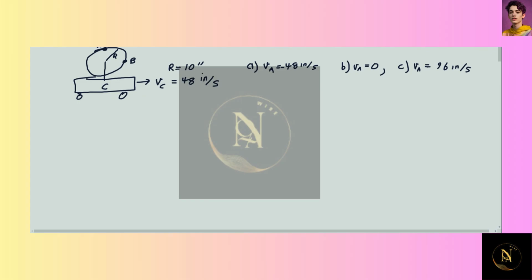We know that the velocity of A with respect to the center of the wheel, which I'm just going to call O, will just be the radius of the wheel crossed with omega.